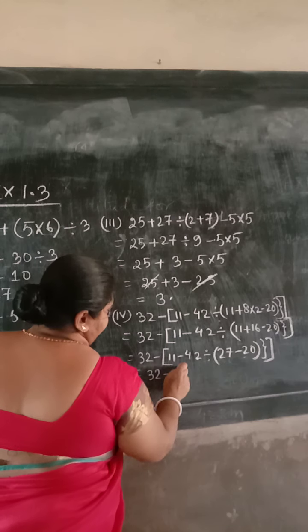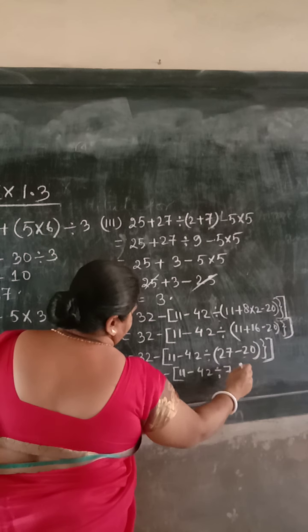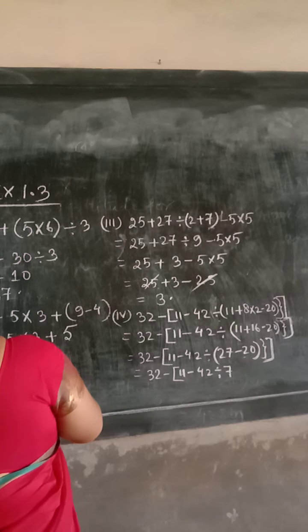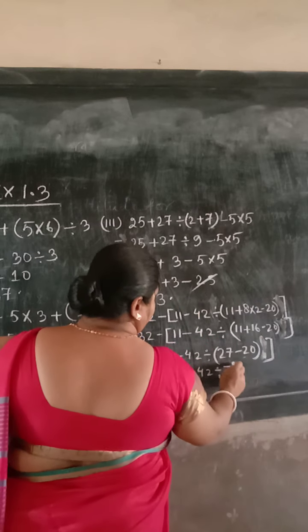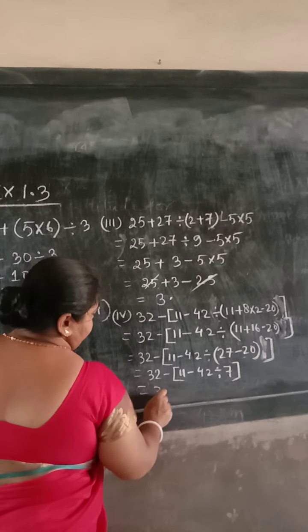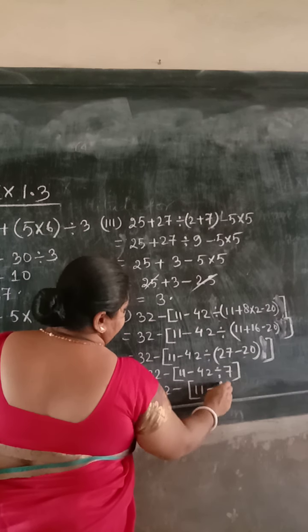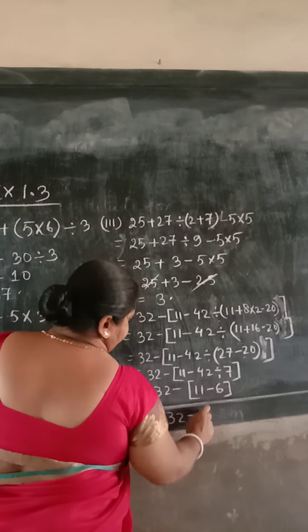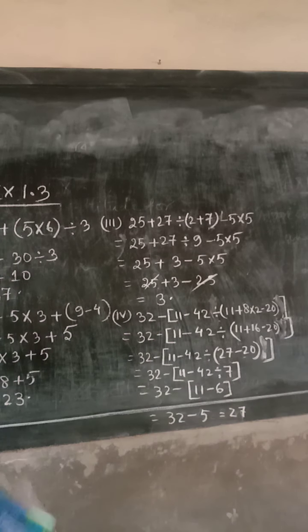Now 32 minus 11 minus 42 divided by 7, that gives you minus 6, so 32 minus 5. So the answer is 27. Final answer is 27 for question number 4.